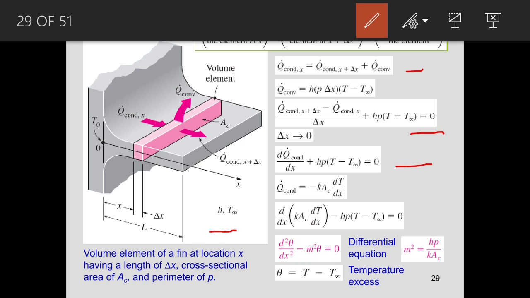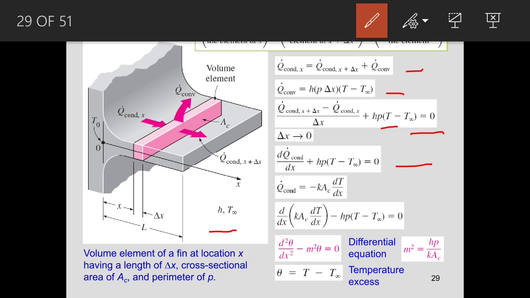The delta x cancels because we divided the equation by delta x. So d of Q conduction with respect to dx plus hp (T minus T infinity) is equal to 0.